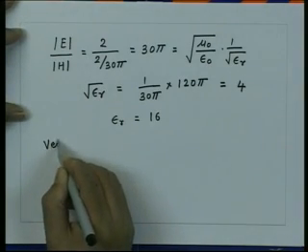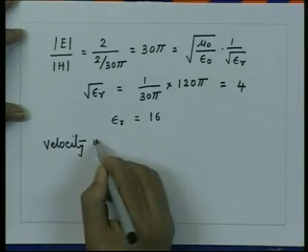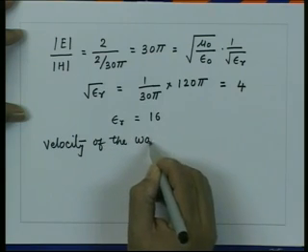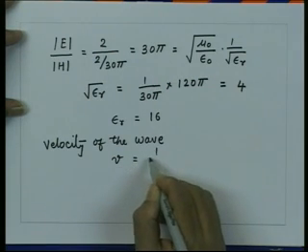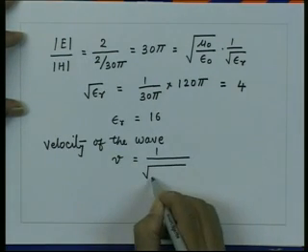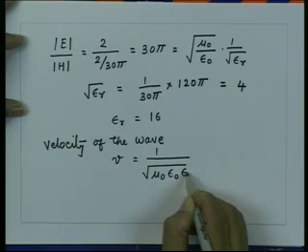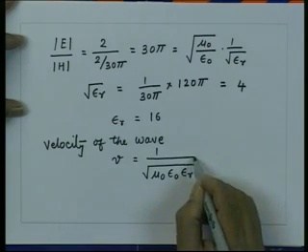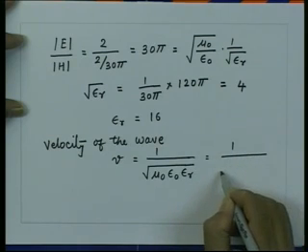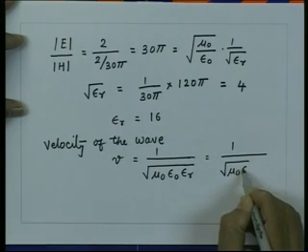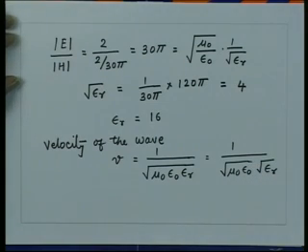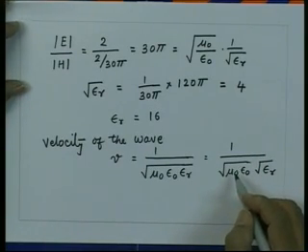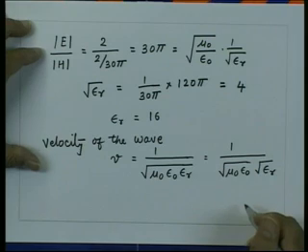The velocity v will be equal to 1 upon square root of mu 0 epsilon 0 epsilon r, so equal to 1 upon square root mu 0 epsilon 0 into square root epsilon r, and 1 upon square root mu 0 epsilon 0 is nothing but the velocity of light in free space, which is 3 into 10 to the power 8 meters per second.